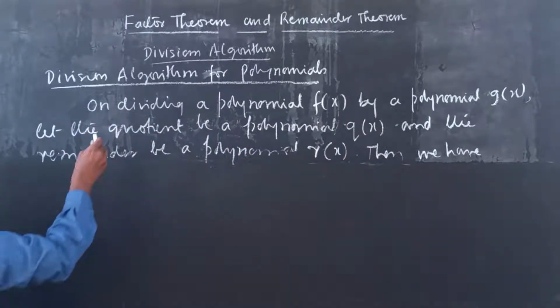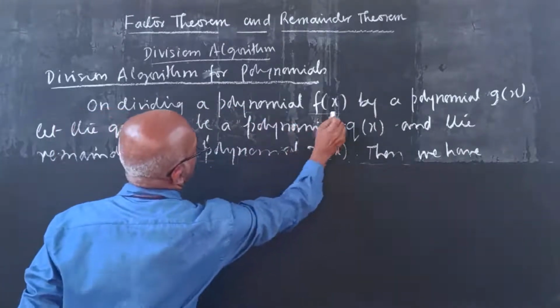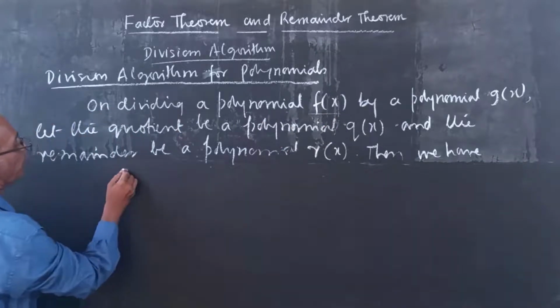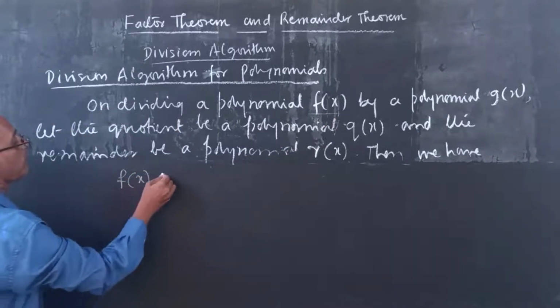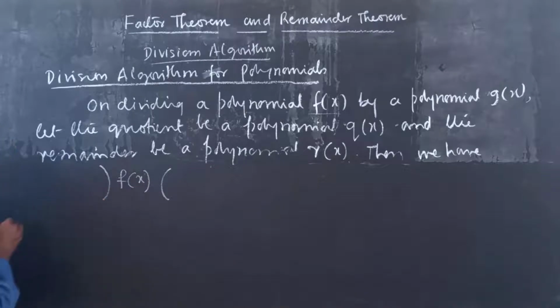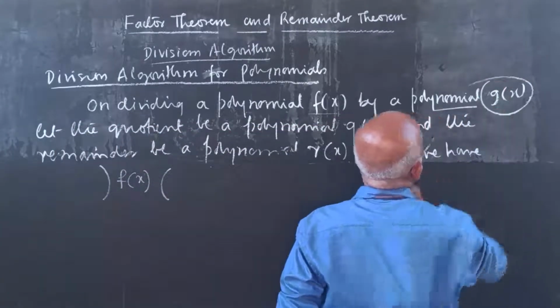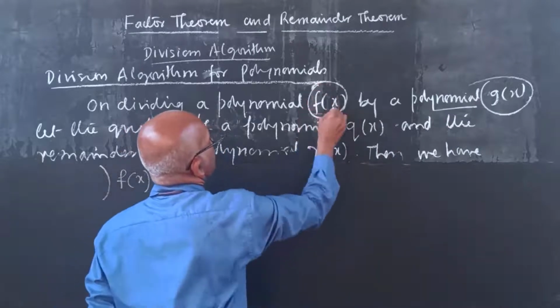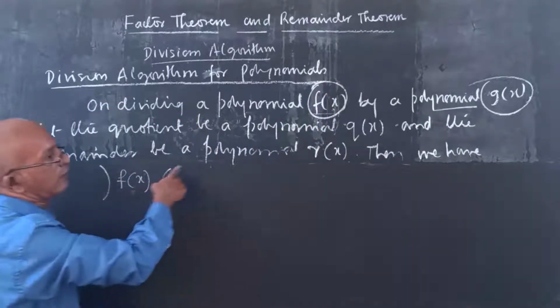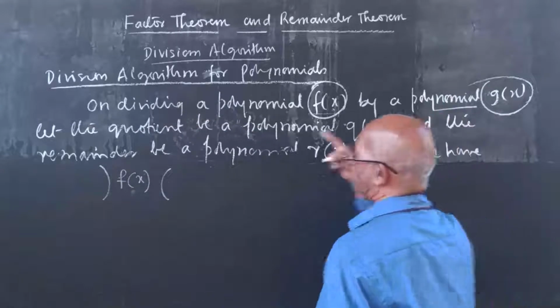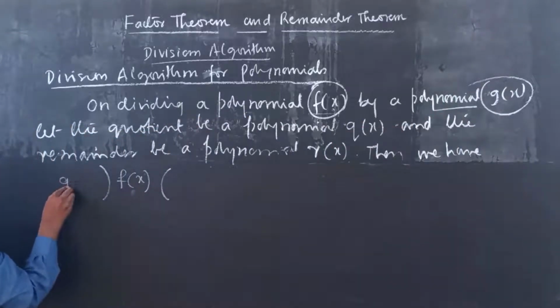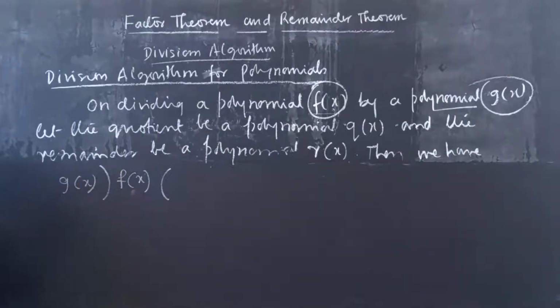See here, on dividing a polynomial f(x). So here there is one polynomial f(x), and we should divide this polynomial by one more polynomial called g(x). This is the numerator and this is the denominator. Now we are going to divide.